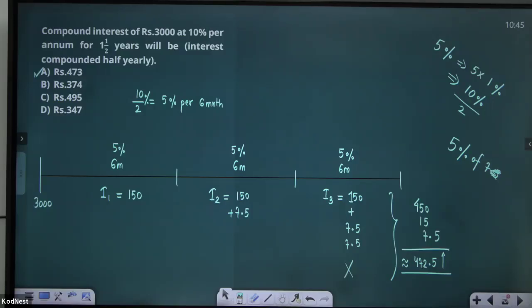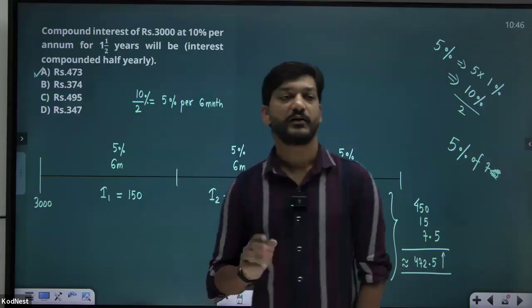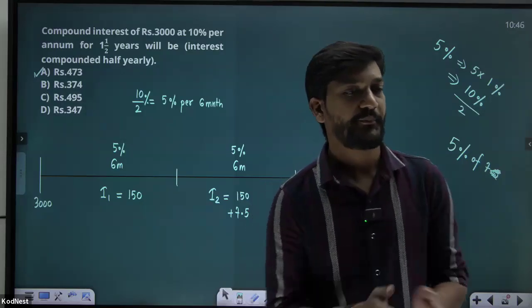Vaishnavi, are you there? Yes, I'm asking 10% of 3000. How much? For 10%, you have to remove one zero. For 1%, you have to remove two zeros. So 10%, 300. So 5% will be half of 300, that is 150. So both ways we can calculate.